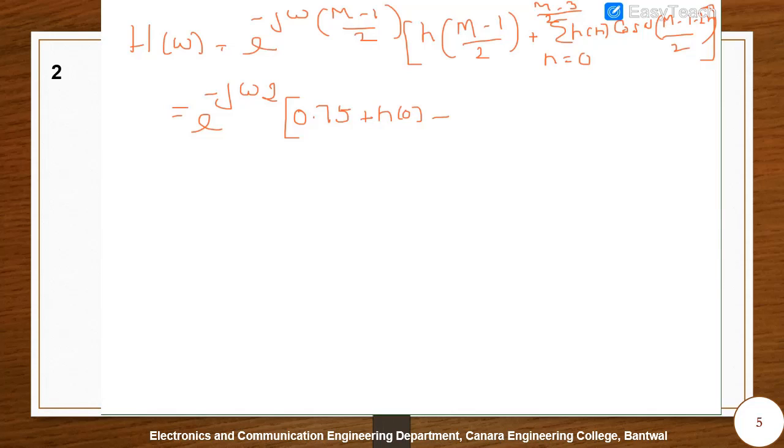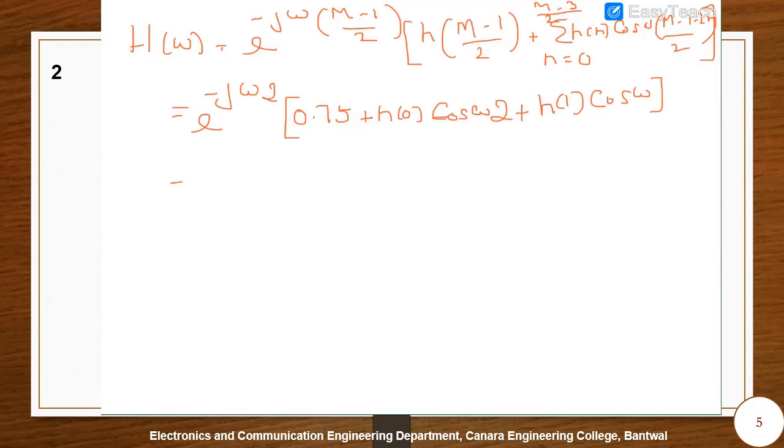Here n is 0, so it is cos of omega times 5 minus 1, so you get this as 4 divided by 2, so cos 2 omega, and it is h of 1 because the n value is 1, so 5 minus 1, 4 minus 2, so you get cos of omega.